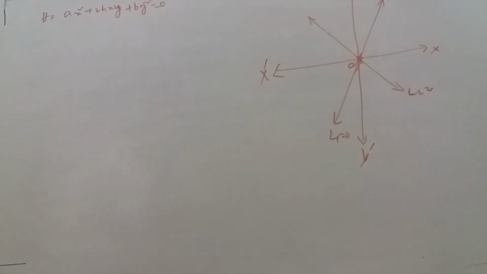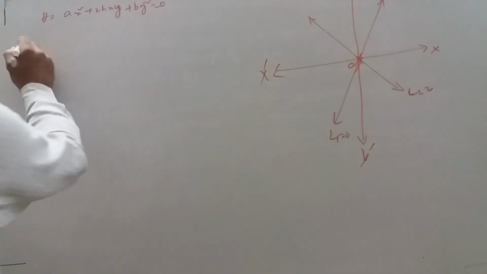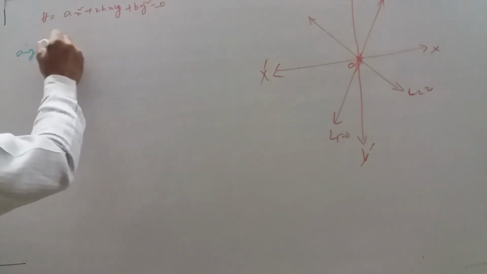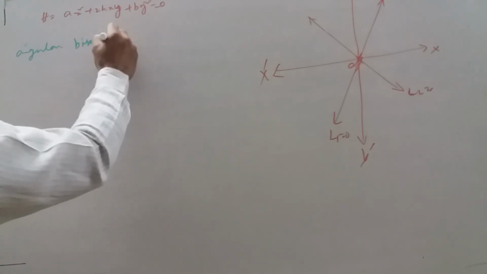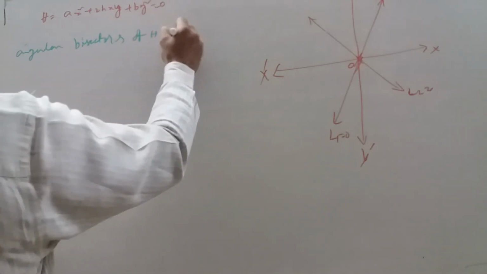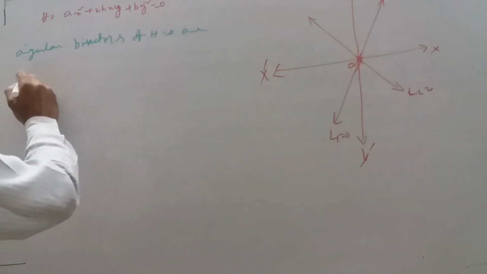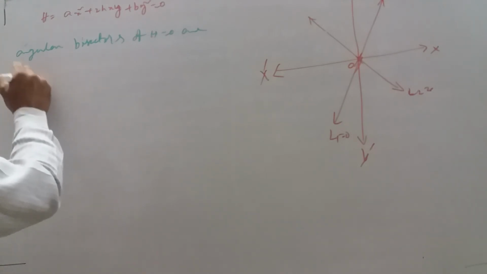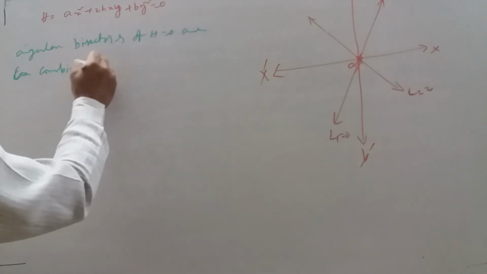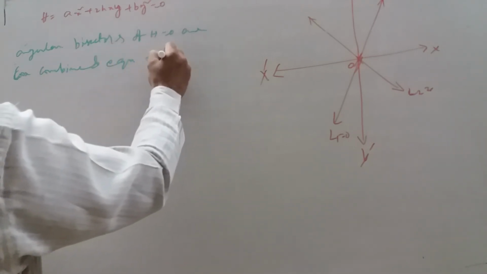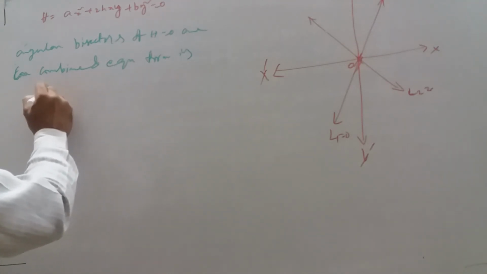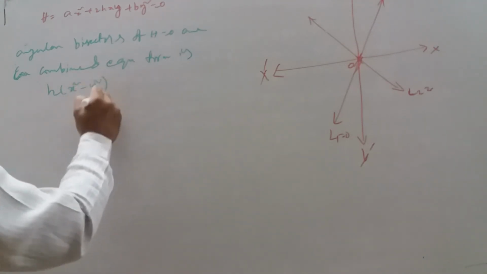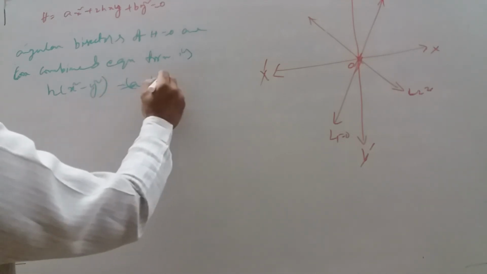Then the combined equation of angular bisectors between these lines is, for the angular bisectors, in combined equation form, h into (x square - y square) is equal to (a - b) into xy.